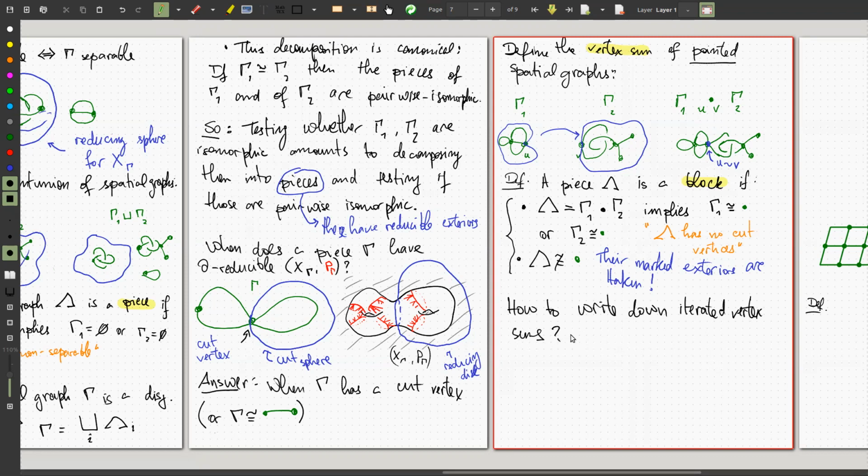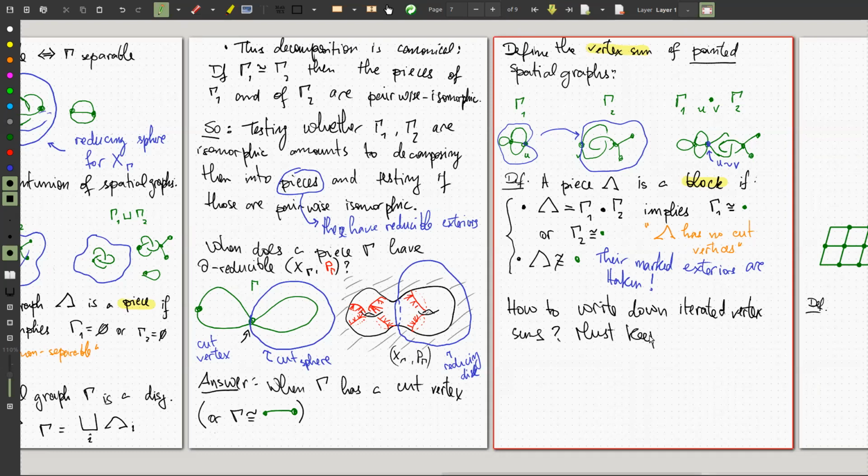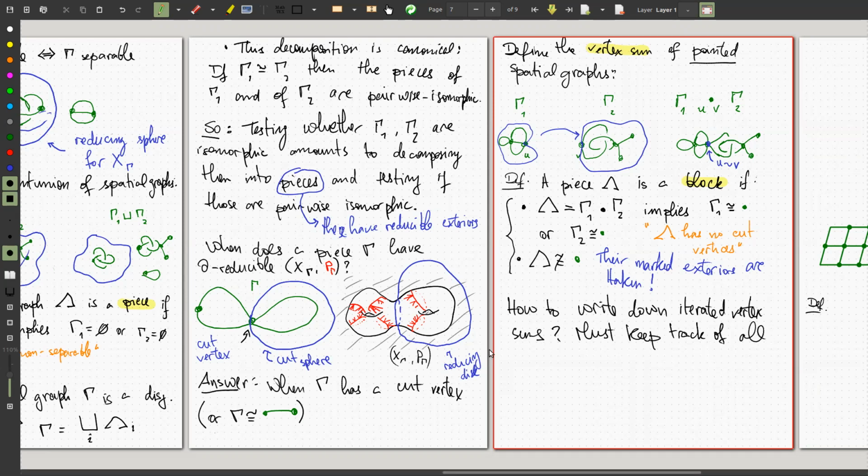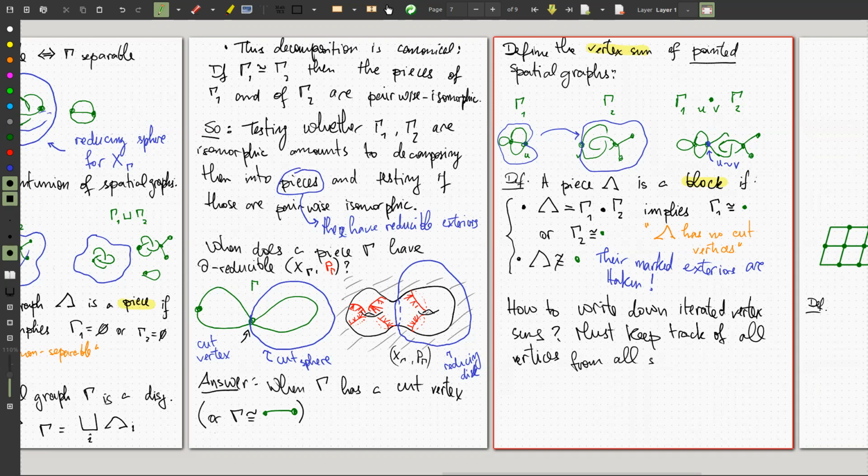And the point is that we must keep track of all vertices from all spatial graphs being attached.